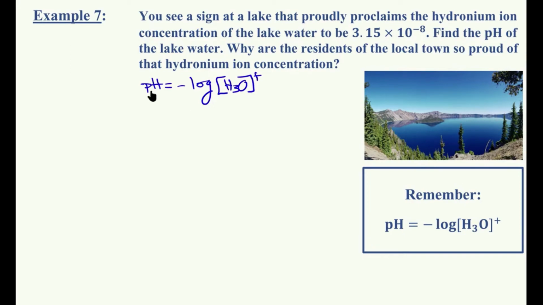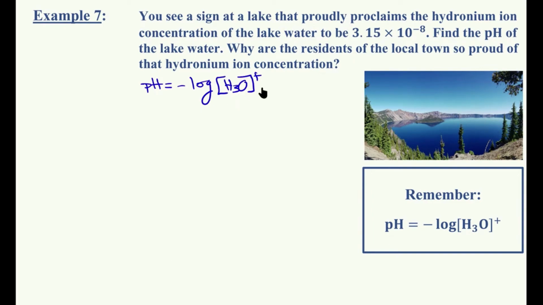Now, notice we have two quantities that could be unknowns here. One is the pH, the other one is this hydronium ion concentration. So all of that is just one number that we refer to. So one will be given, the other will not, and we'll be asked to calculate the one that is not given.